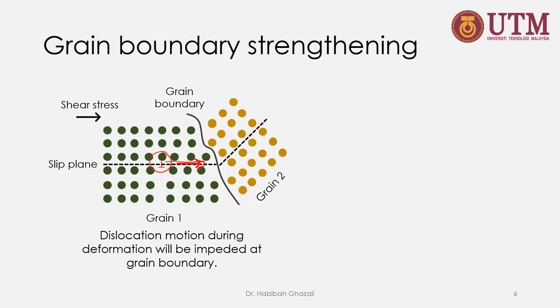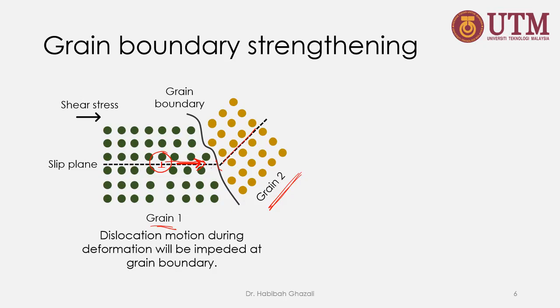As soon as it reaches the grain boundary, it will stop there because the slip plane in grain 2 does not line up with the slip plane in grain 1. Because the slip plane in one grain does not line up with the slip plane of the neighboring grains, this dislocation will be impeded at that grain boundary.